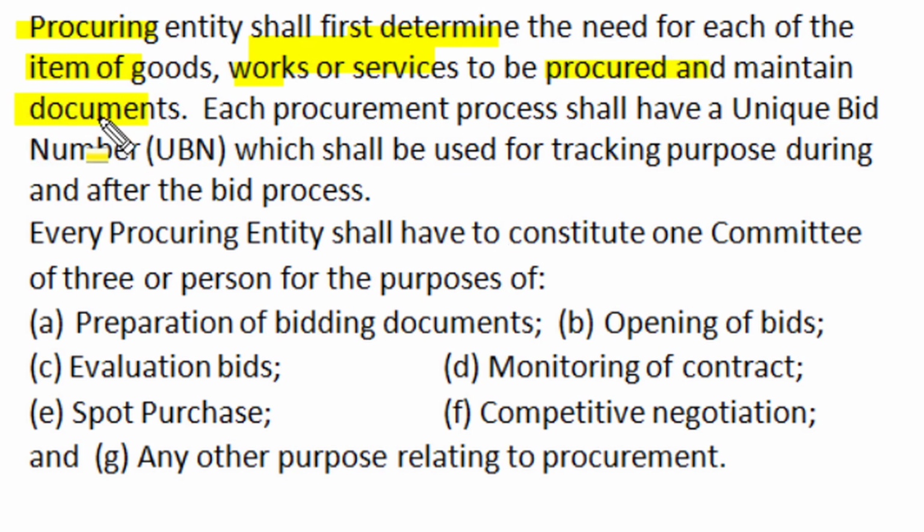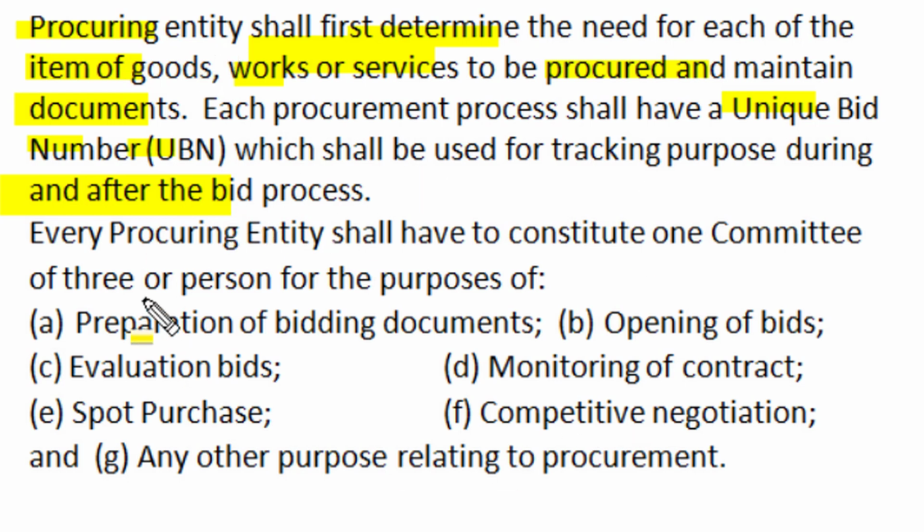Once the requirement is prepared, the procuring entity should generate a unique bid number, UBN. That UBN shall be used for tracking of the procurement process during and after the bid process, and for transparent, efficient and economic procurement.